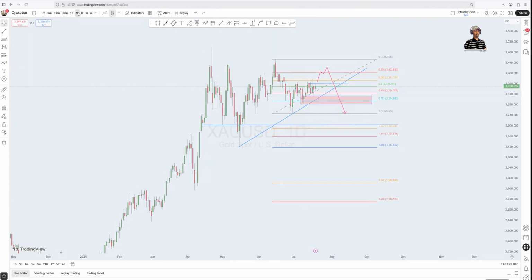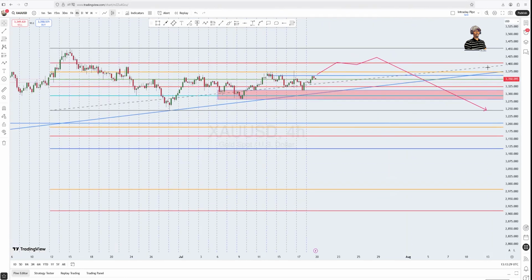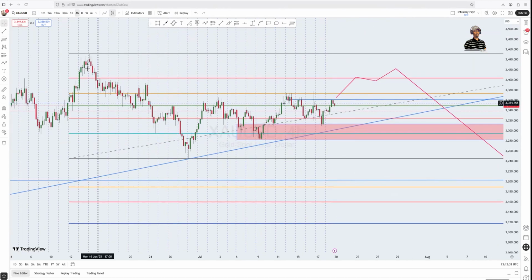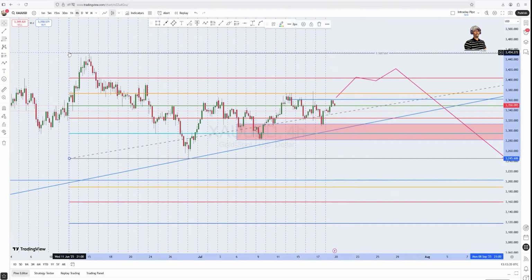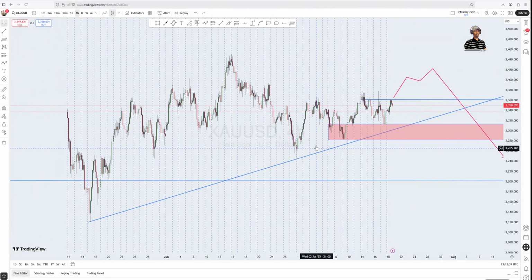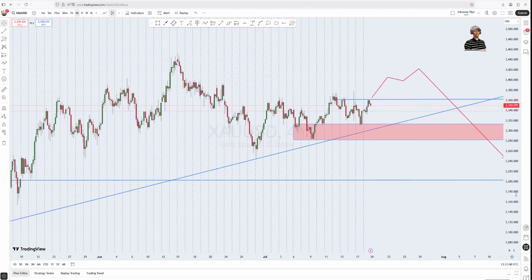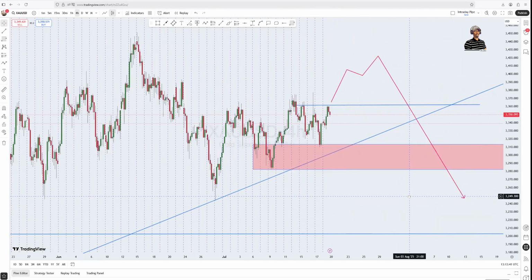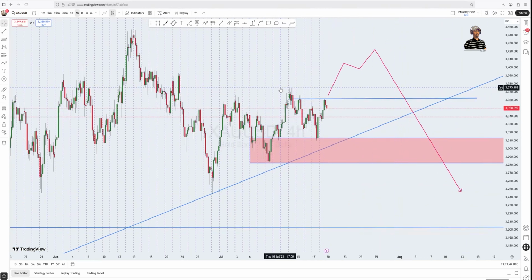So if we drop down to the 4-hour time frame, this is how the 4-hour looks. If we come down to the 4-hour time frame, you can see that there is a high here. That liquidity has been swept and price dropped drastically.